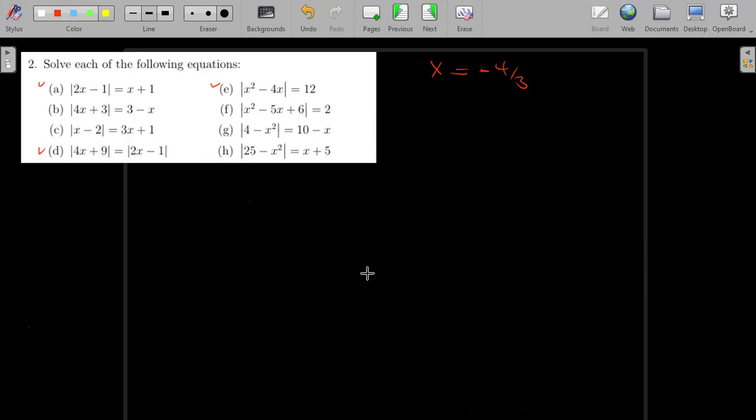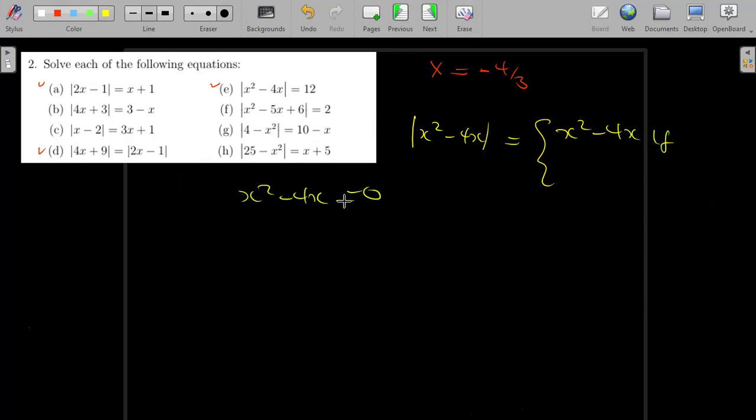So you rather just use the graphical method, because if I'm going to redefine this x squared minus 4x there, this is just going to be what? So I'll get the positive version, that's x squared minus 4x. If I say x squared minus 4x equal to 0, what is this going to give me?